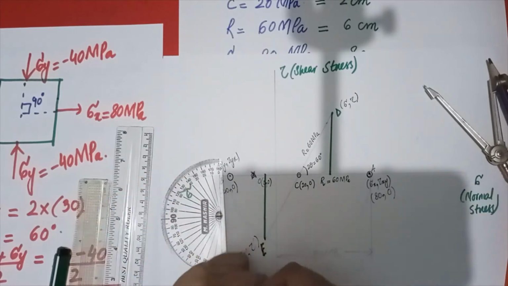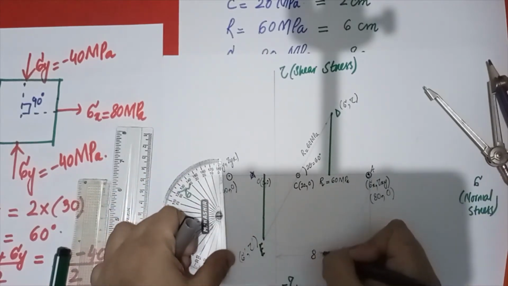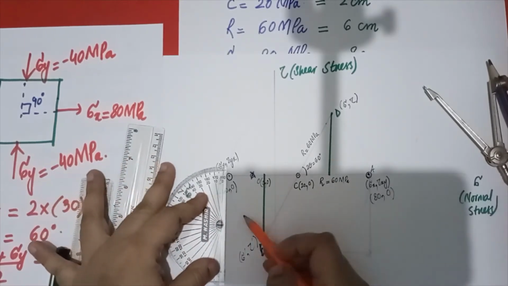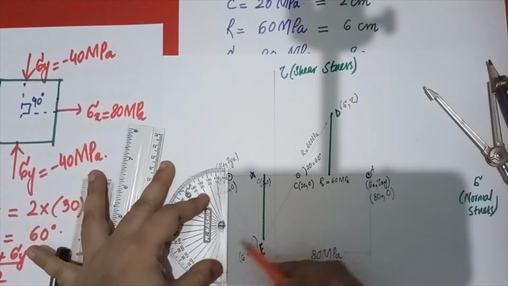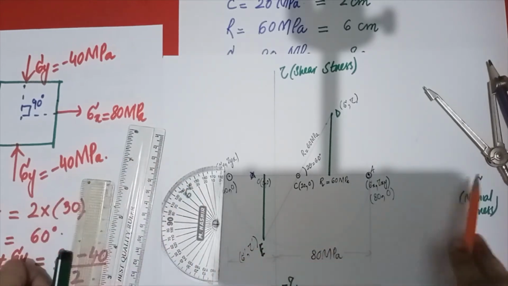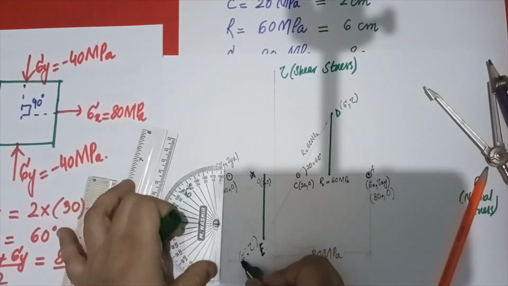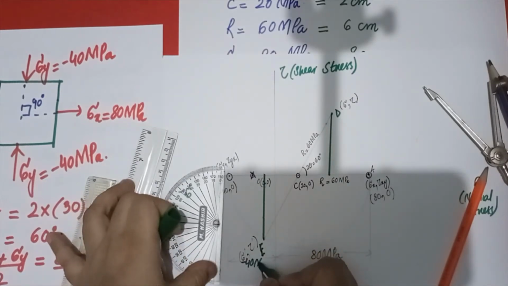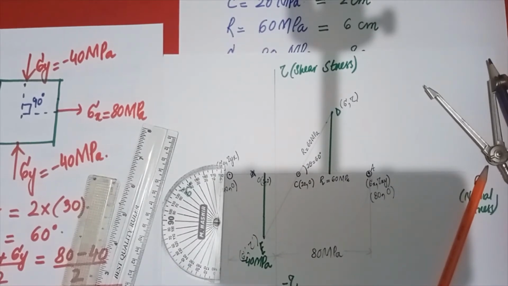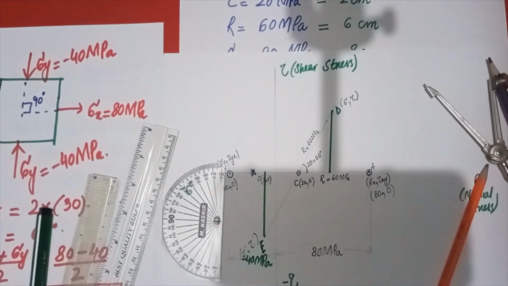For example, I write down 80 ampere with the pointer, so it will be more visible to you. Then I write down, this distance is how much? This distance is minus 40 ampere. Is that okay? Am I correct? So this is all about the way you can draw the Mohr circle.